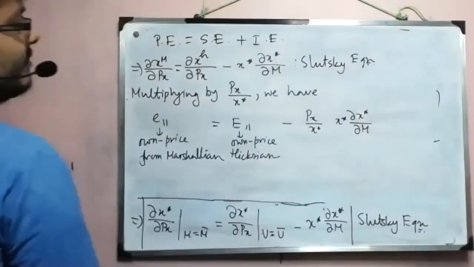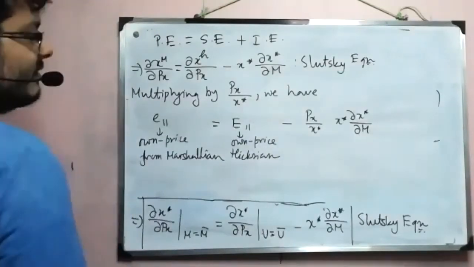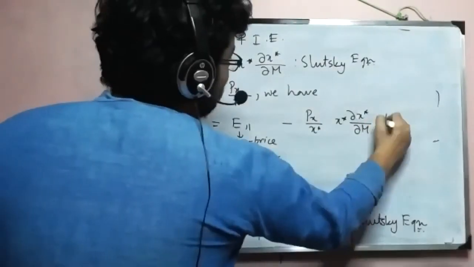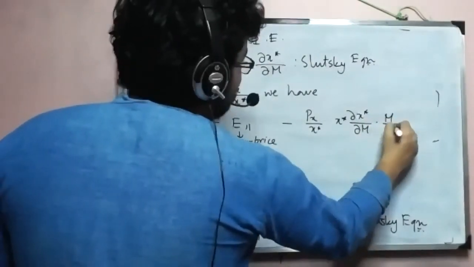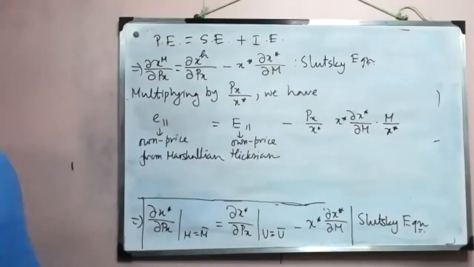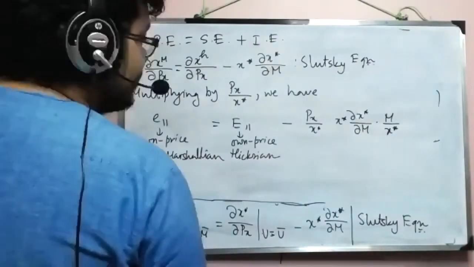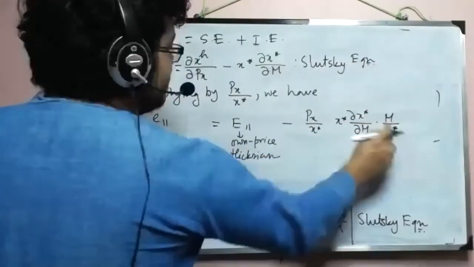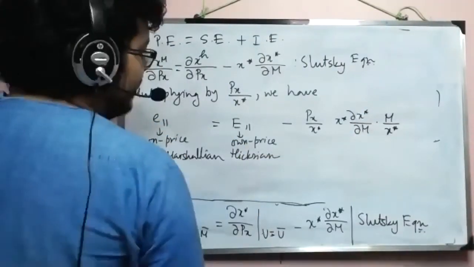Okay. So px by x star. What we'll do is we'll bring in one m by x star here. Okay. So we have extra m by x star here.